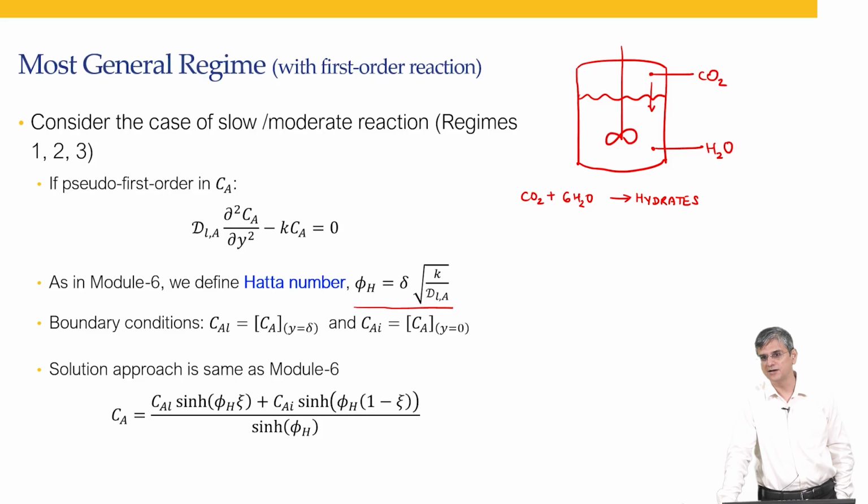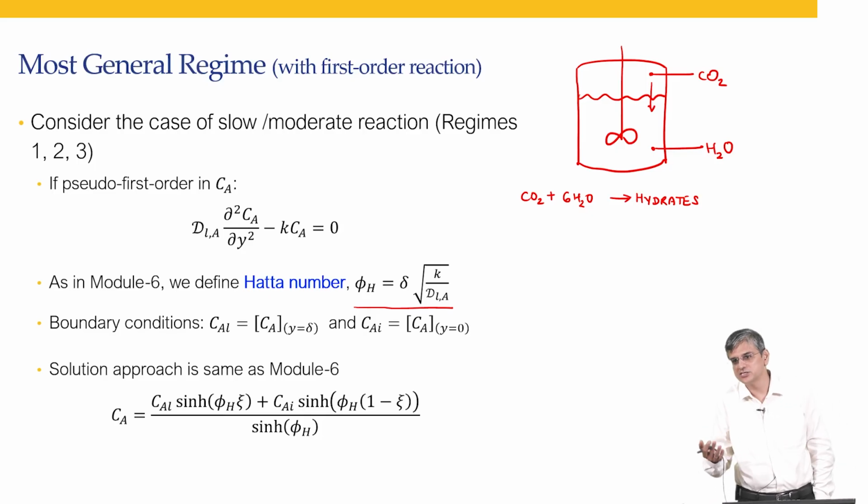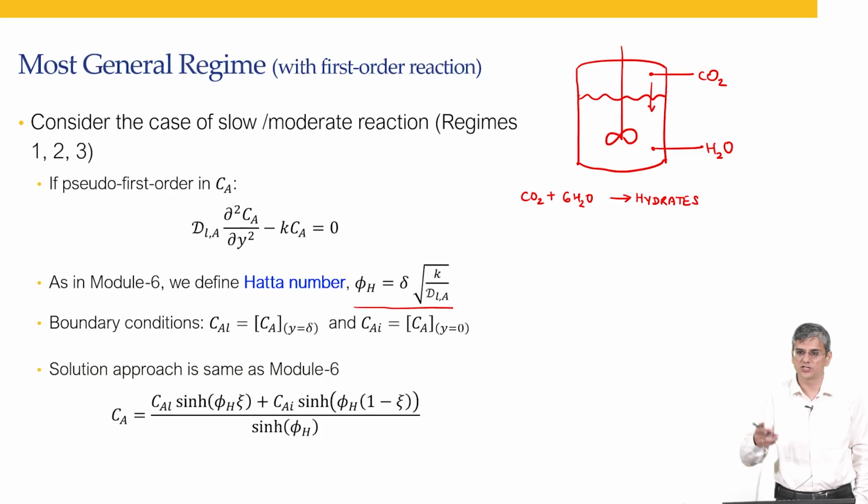It's 1000 gram per liter, 1000 divided by 18, that many molar. Water cannot diffuse in itself. There's no concept of diffusion of water in itself. So therefore, water concentration is always going to remain flat in the liquid phase. Okay, so CO2 now gets dissolved.